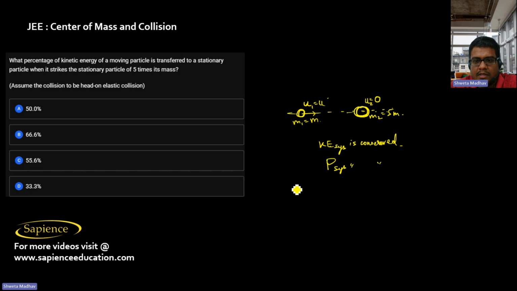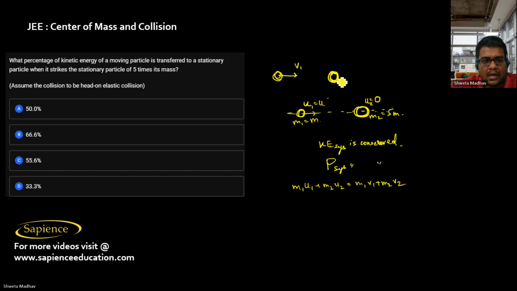So here we can say m1 u1 plus m2 u2 is equal to m1 v1 plus m2 v2. It means that after collision, let's say the smaller mass moves with a velocity v1, and the stationary particle moves with a velocity v2.